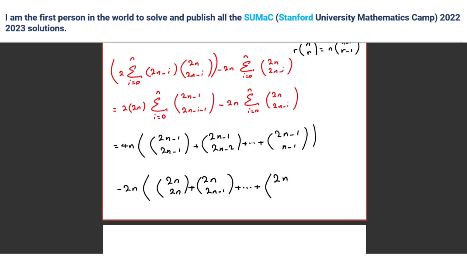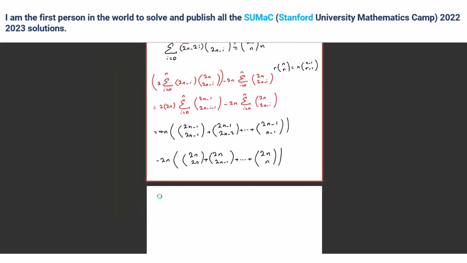right? Okay, now let me ask you something. 2n choose 0 plus 2n choose 1 up to 2n choose n minus 1 plus 2n choose n plus 2n choose n plus 1, all the way to 2n choose 2n is equal to what? 2 to the 2n.